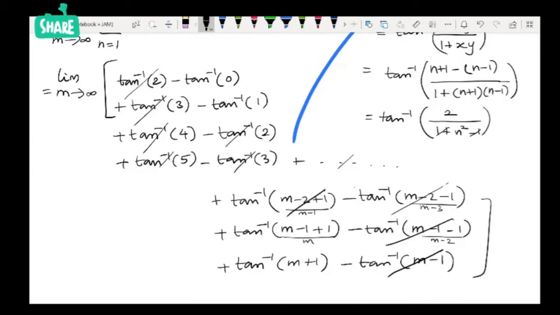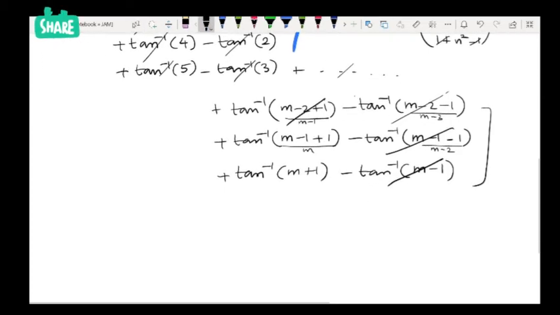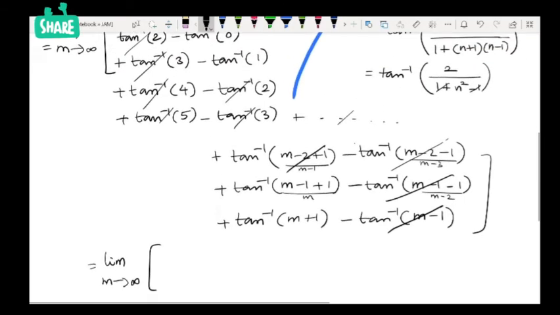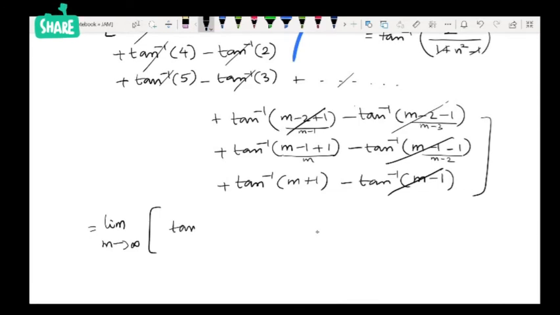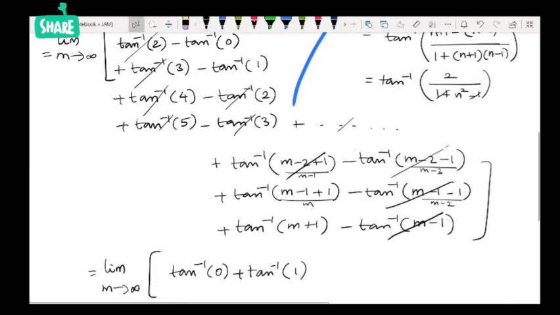Let's write the remaining terms. Limit m tends to infinity, minus tan inverse of 0 minus, actually it is minus, yeah, minus tan inverse of 1 plus tan inverse of m and plus tan inverse of m plus 1.